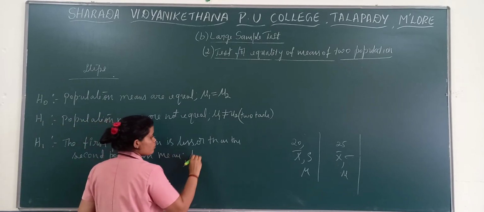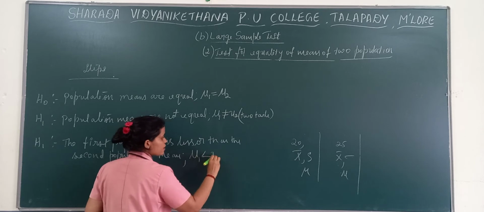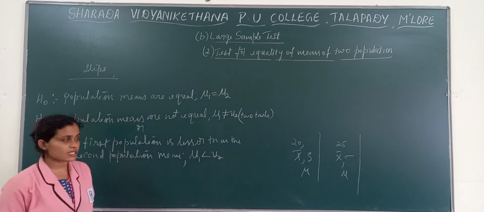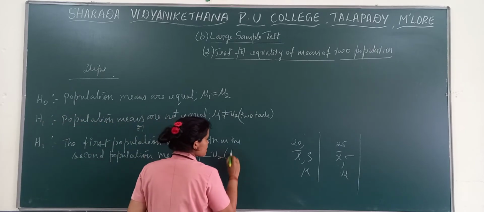So here mu1 is lesser than mu2. Then it is left tail.